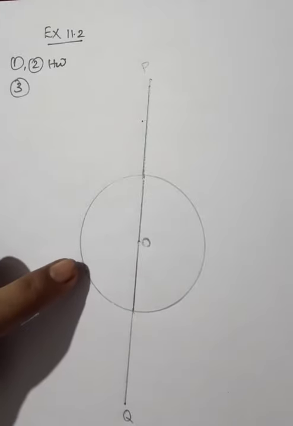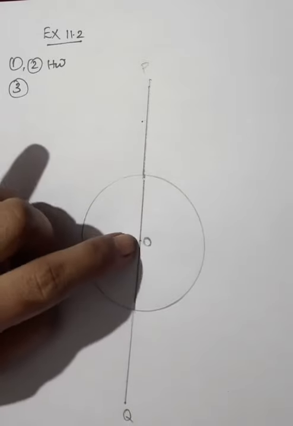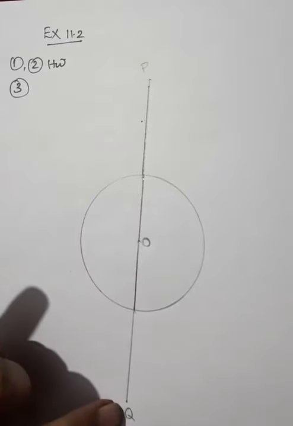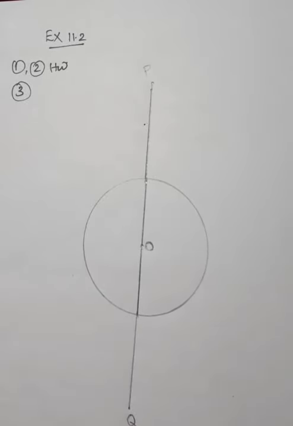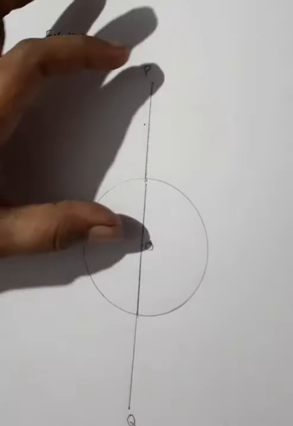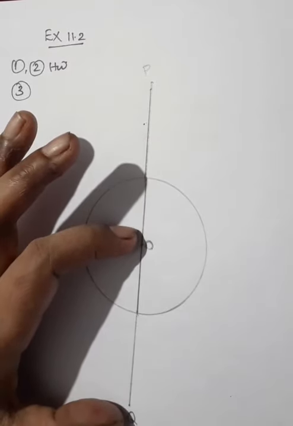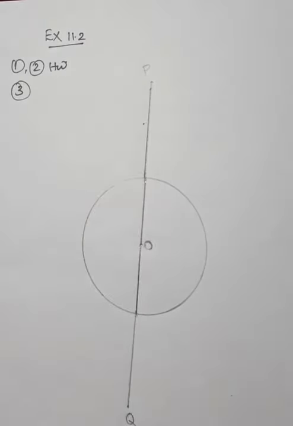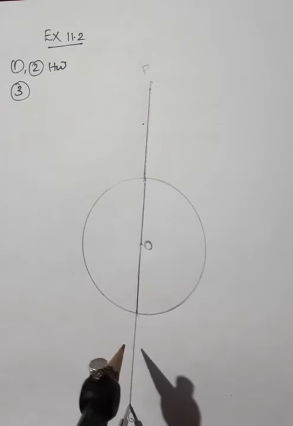Which circle to draw? This circle. First step, want to join this point O and P as well as Q. Already that we joined. So you want to construct bisectors. From here also want to draw a bisector. That means PO want to draw a bisector as well as QO want to draw a bisector. So drawing bisector means taking more than half.